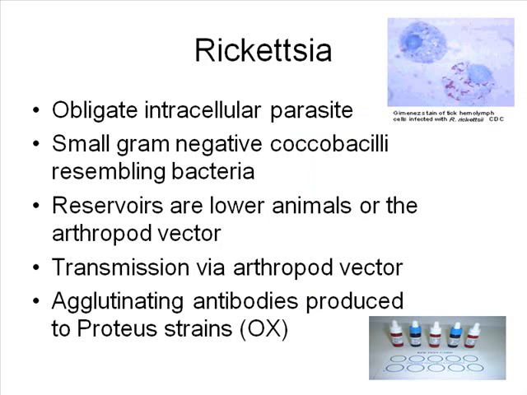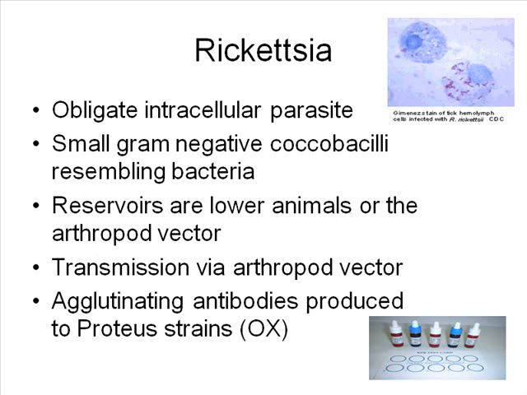Rickettsia. Rickettsia is an obligate intracellular parasite. It is a gram-negative coccobacilli. Remember the story about Lyme disease, that Willy Burgdorfer was working with Rickettsia because one of the Rickettsia organisms causes Rocky Mountain spotted fever. So many of the organisms in this group are passed by an insect vector. They are very pathogenic.